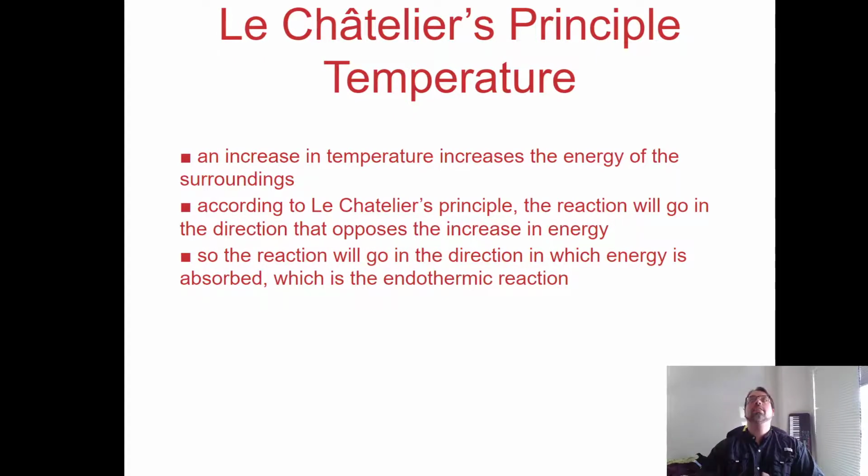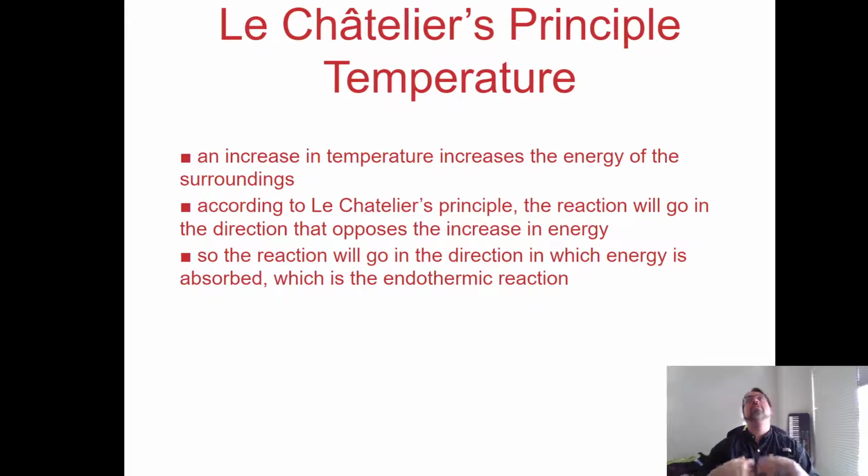Okay? So I want you to imagine, this is kind of like the Hess's law reactions where we flipped reactions to go backwards and forwards. In this case, all the endothermic reactions are going to be the ones that gain energy.